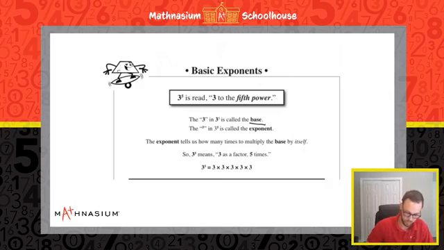The important thing to know is that the exponent tells us how many times to multiply the base by itself. So 3 with the 5, we read as 3 to the 5th power. It means we are going to multiply 3 by itself 5 times. So you can see here we have 1, 2, 3, 4, 5 3s.